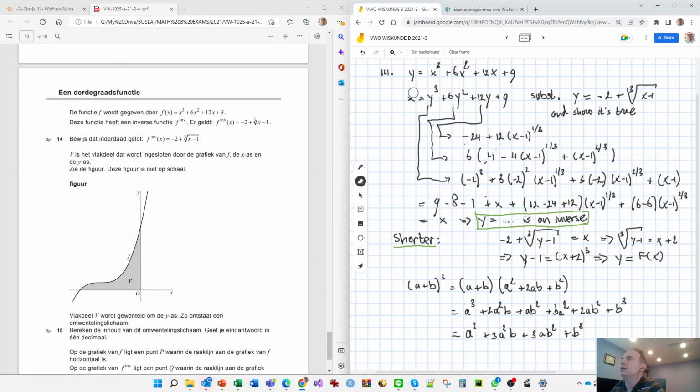So finding the inverse of the function, I would try to isolate y in this equation, try to express y in terms of x, and find that it's equal to this expression here.